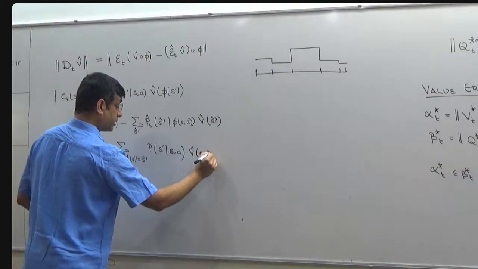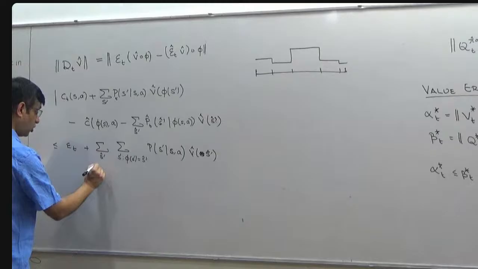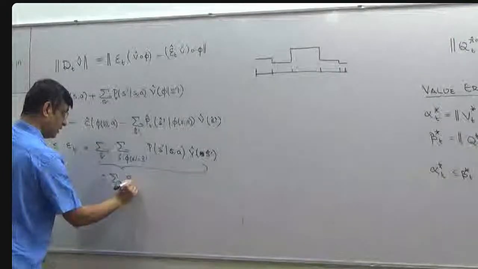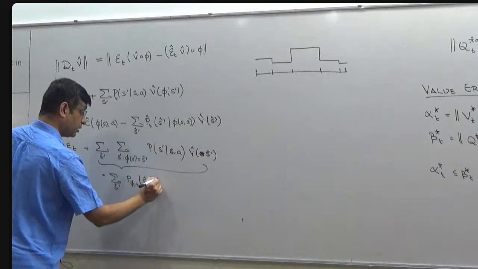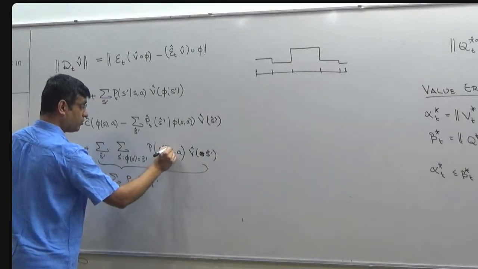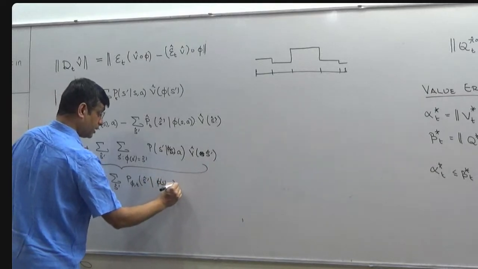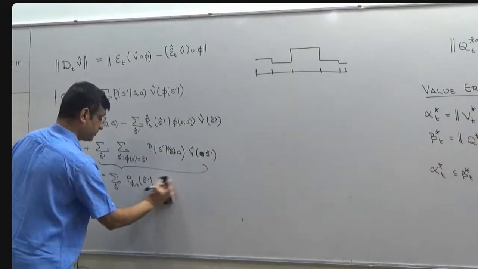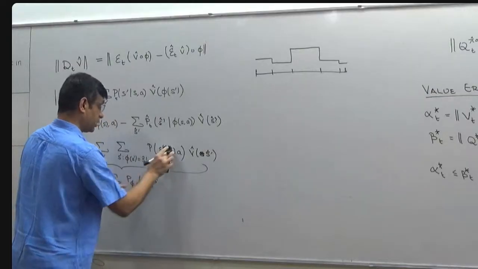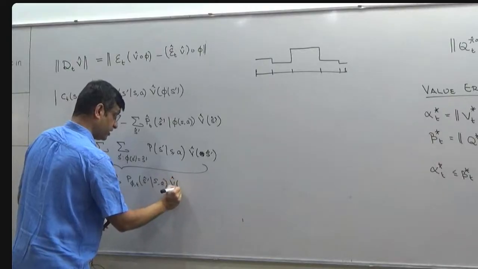this is S hat prime, and this object becomes equal to summation over S hat prime p phi t of S hat prime given S and A, V hat of S hat prime.